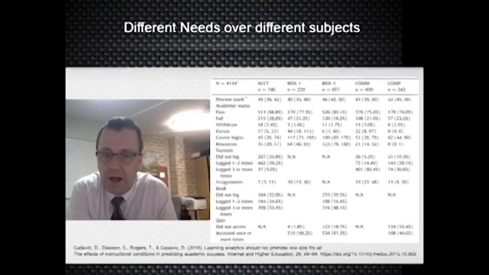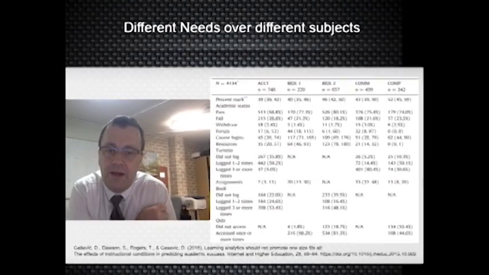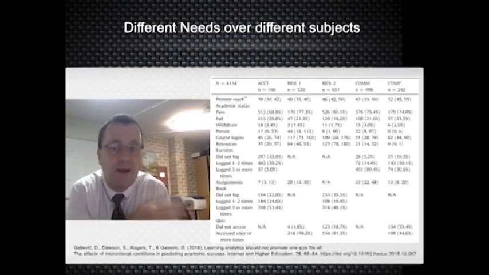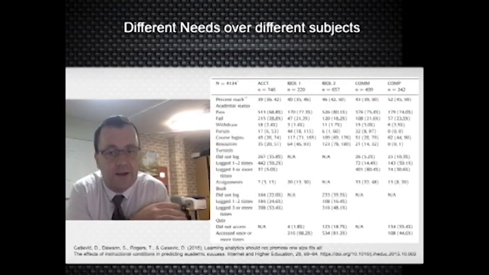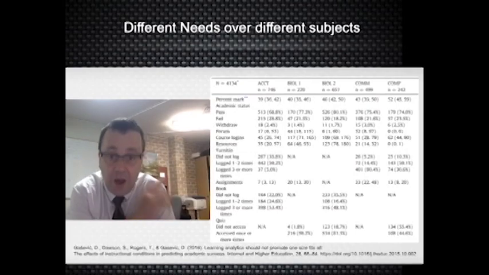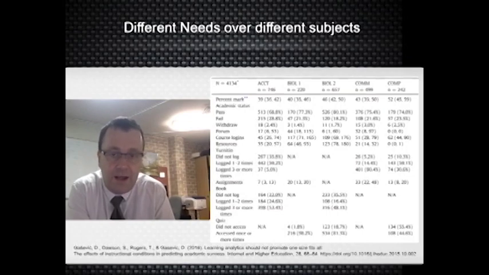So a student doing computers that did not access a quiz might not really mean that they're not taking their learning seriously, as quizzes in the computer subject might not have such a big effect on the end mark and might not be part of the learning process. But in the case of a biology student, it could have a much greater effect. This is because the way that biology and computers are taught is different in the LMS.